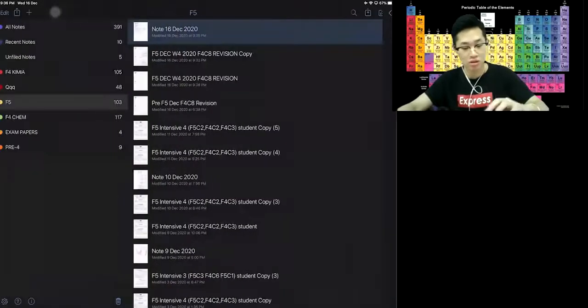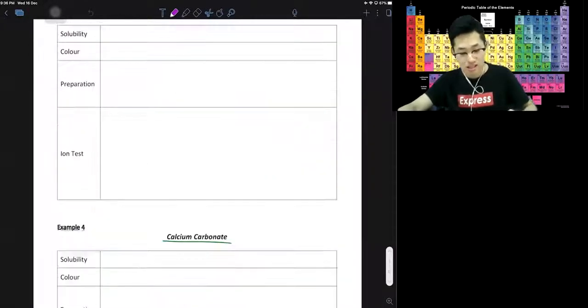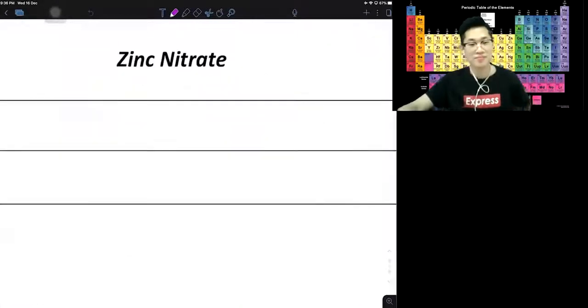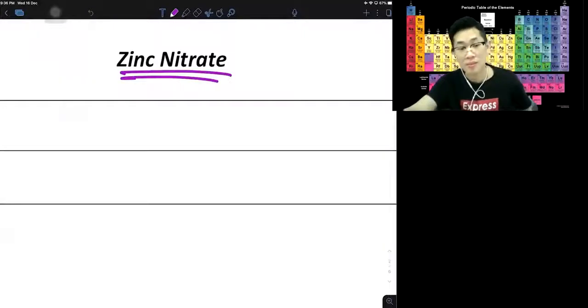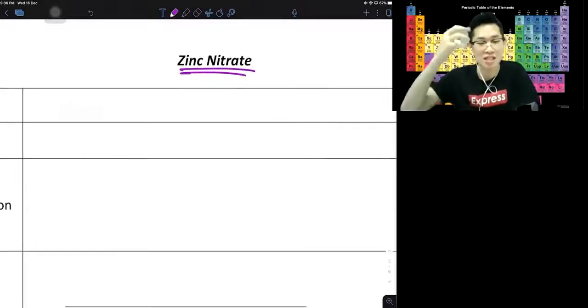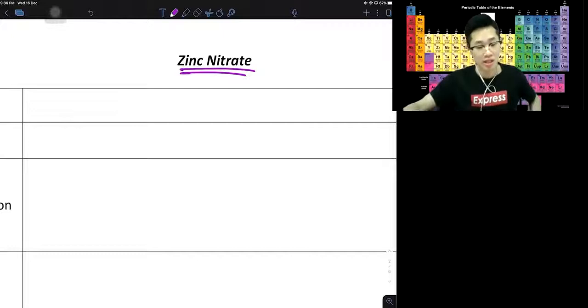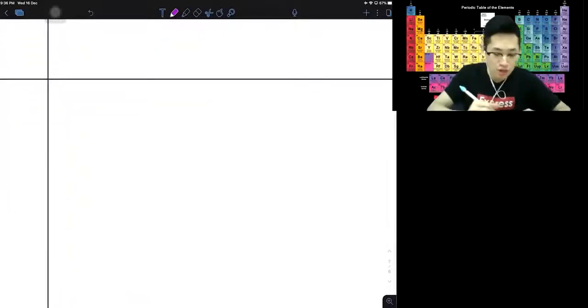Okay, so we try a question. They always ask you one. Okay, zinc nitrate. We try with zinc nitrate. Yes, you will add sulfuric acid twice. One is dilute, another is concentrated.